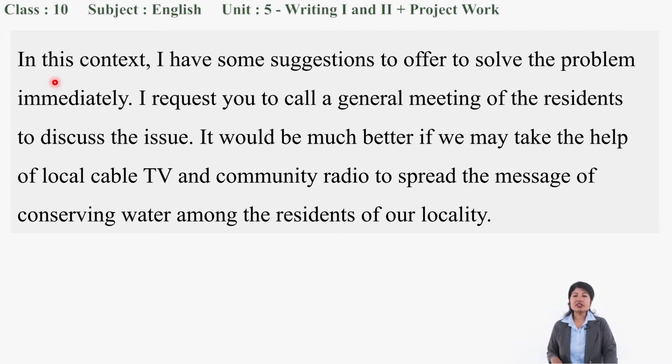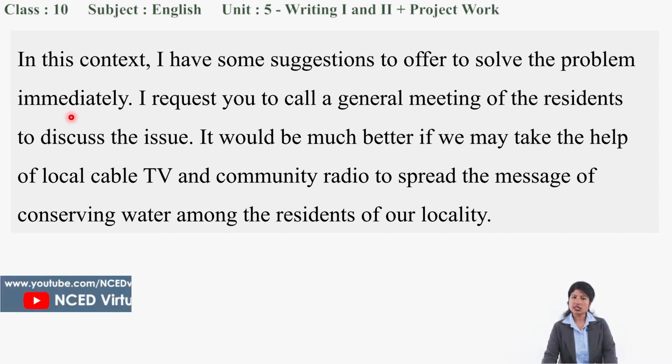You can even give your view; your suggestions matter over here. So what can be your suggestion? In this context, I have some suggestions to offer to solve the problem immediately. How that problem can be solved immediately. Express your view. The suggestion is your view.